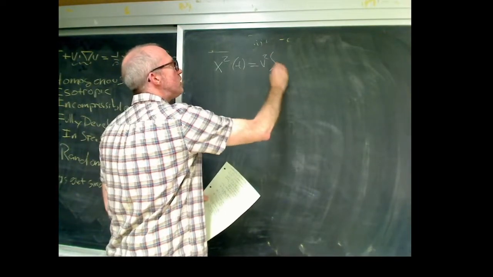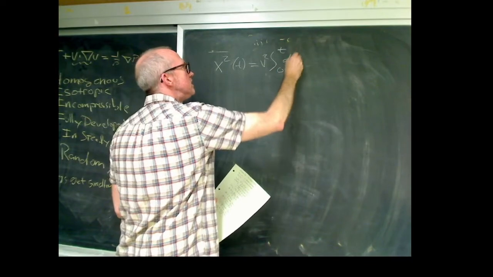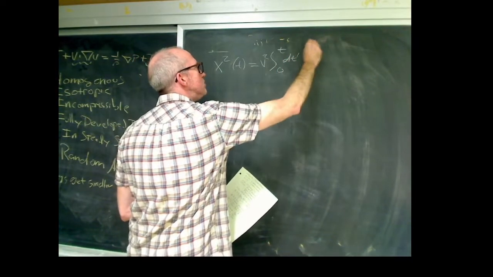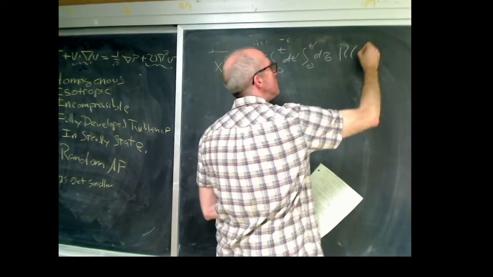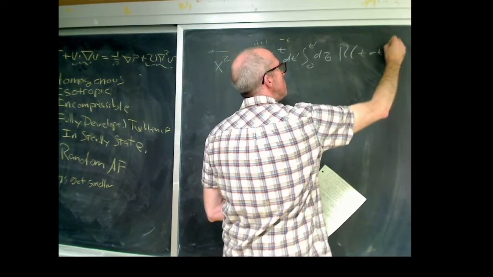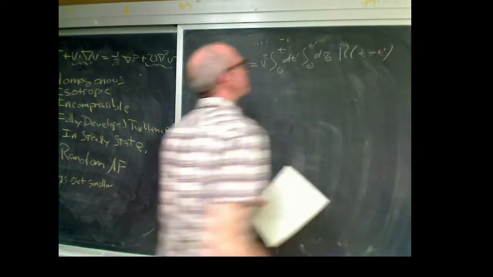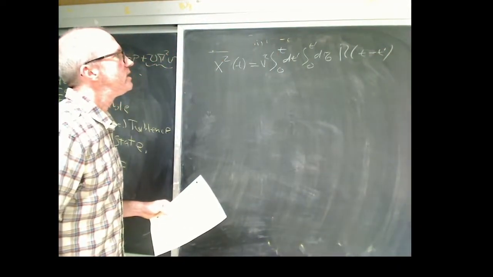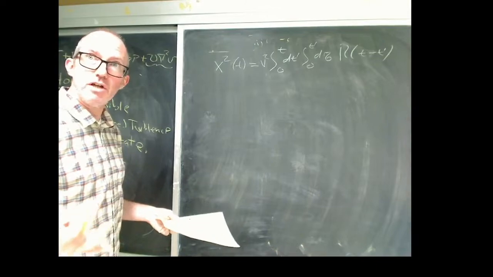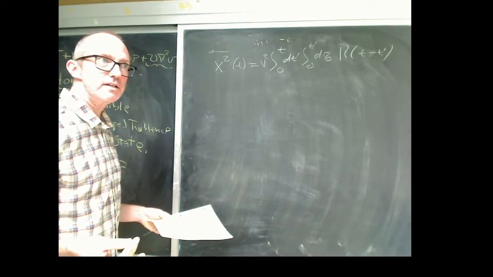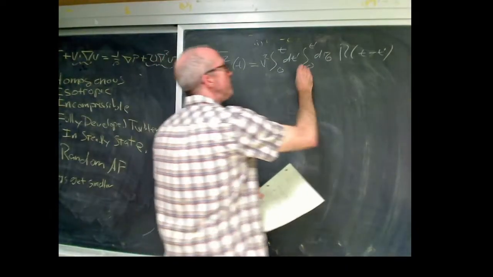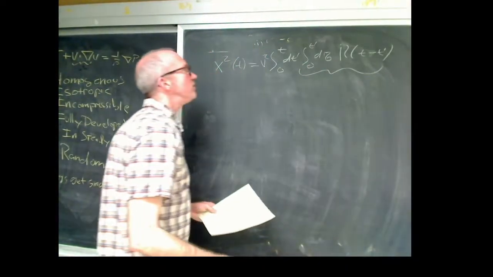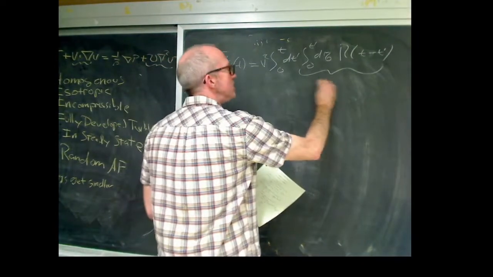Then we've got v squared, 0 to t dt prime, 0 to t prime d tau r of t minus t prime. If t is now much larger than the correlation time, then this whole integral is equal to a constant.